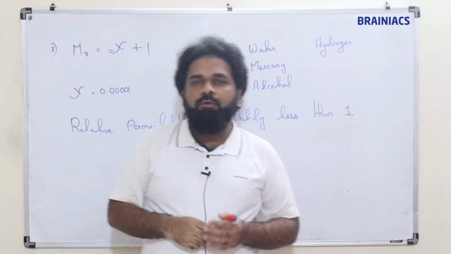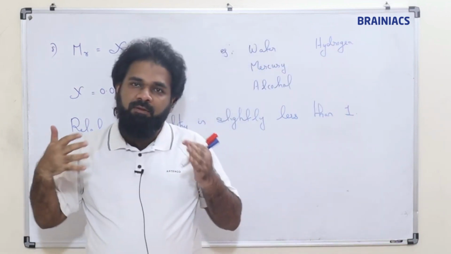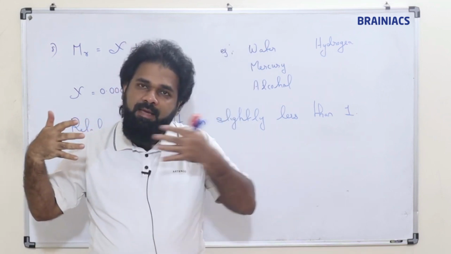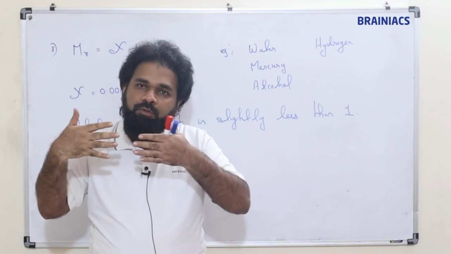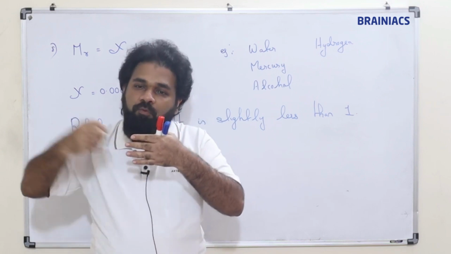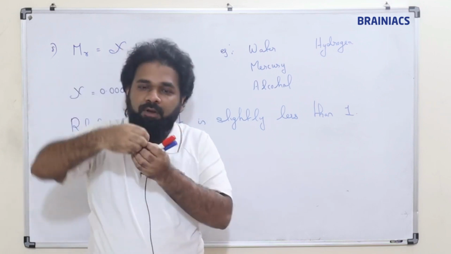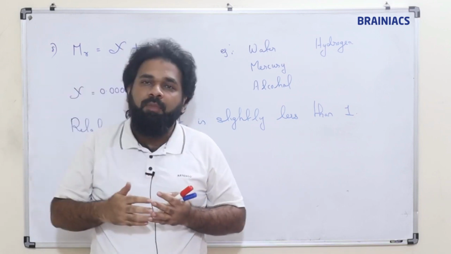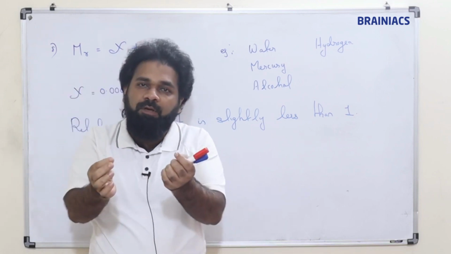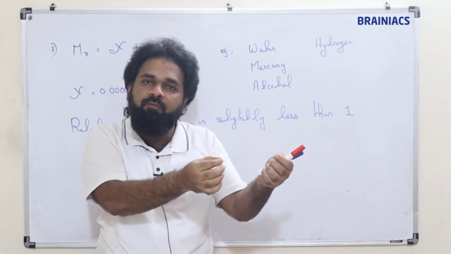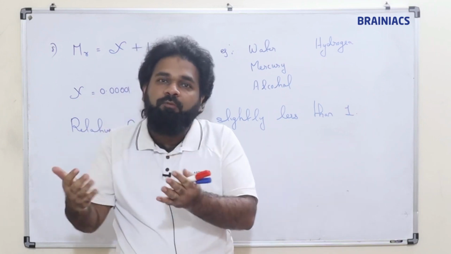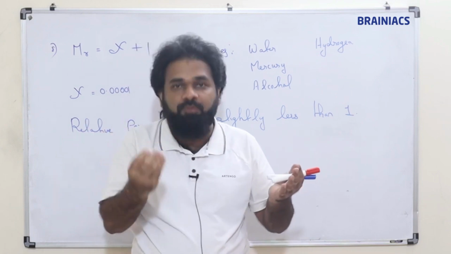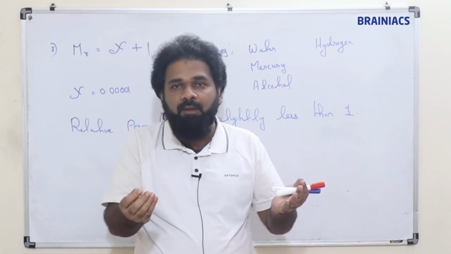The main difference is the induced magnetic field against the applied magnetic field, so there is going to be opposition. The field lines will go away from it. When we keep it in a stronger field, there will be repulsion. When we keep it in a weaker field, there will be repulsion too, but it tends to move from the stronger field to the weaker field because repulsion will be comparatively less.